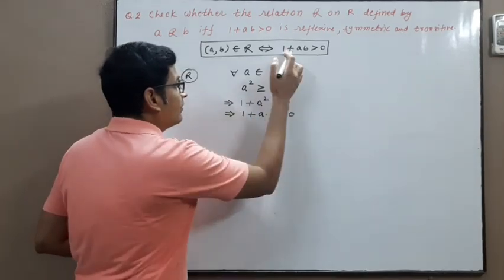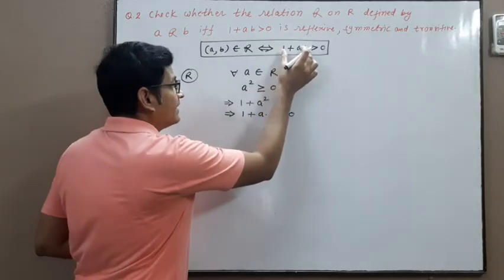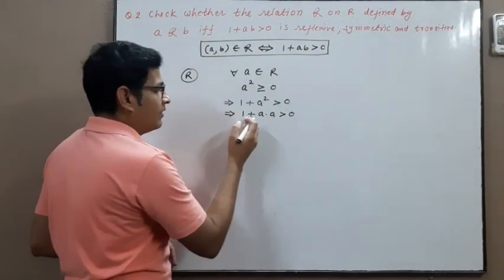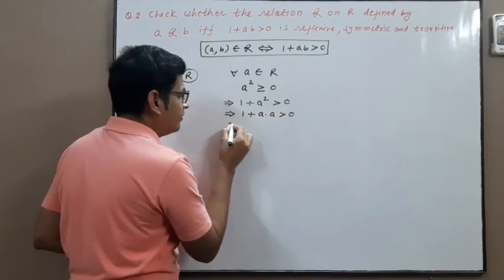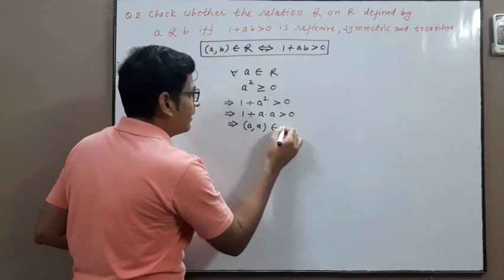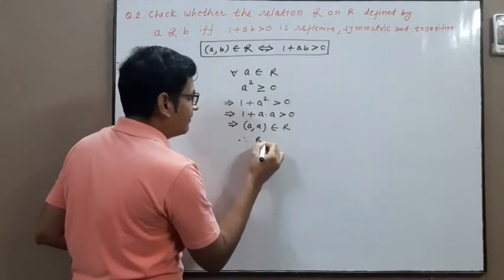This looks like 1 + ab. If 1 + ab > 0, it means (a, b) belongs to R. So 1 + a·a > 0 means (a, a) belongs to R. Therefore R is reflexive.